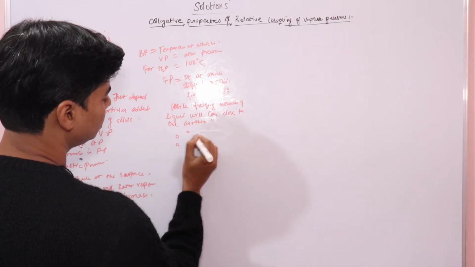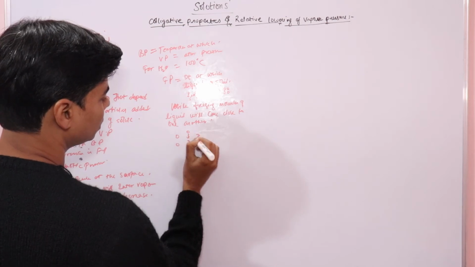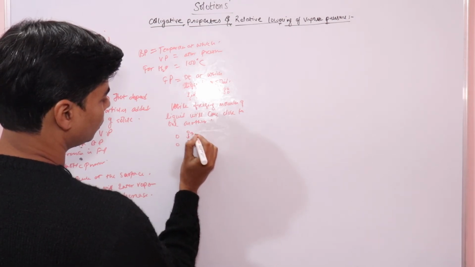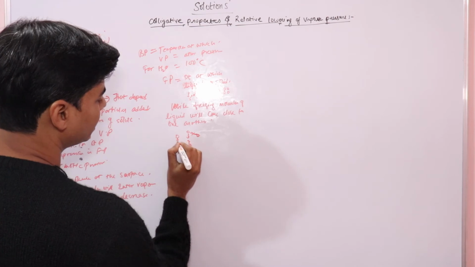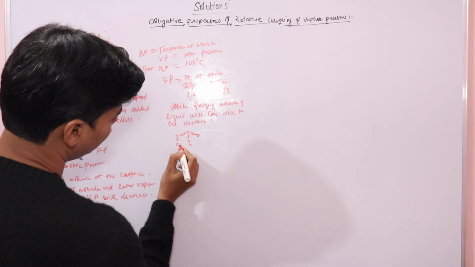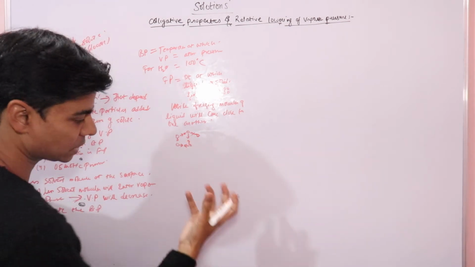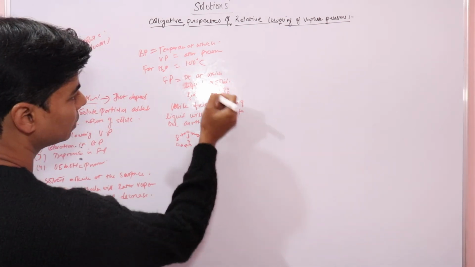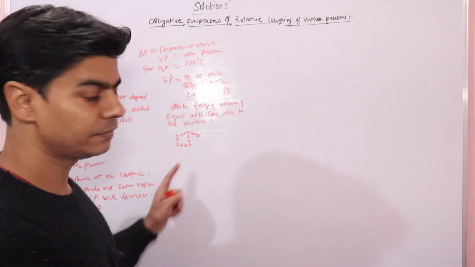These are molecules, so they will start approaching one another while freezing. This is how it will happen. These will start coming close to one another to change into solid form as we decrease the temperature.